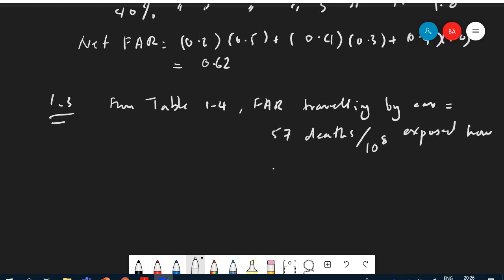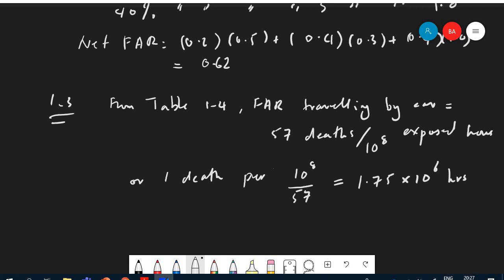So for one death, how much will it be? It will be 10 to the power 8 divided by 57. The answer will be 1.75 into 10 to the power 6 hours, which means I need 1.75 into 10 to the power 6 hours to have one death only.